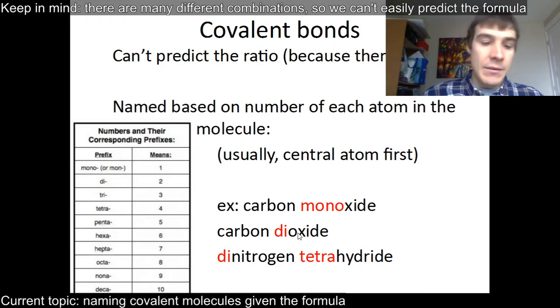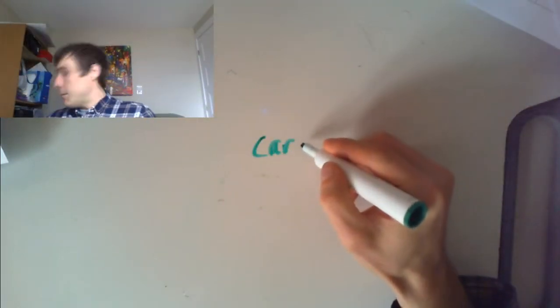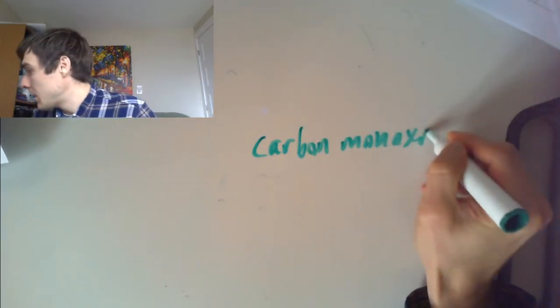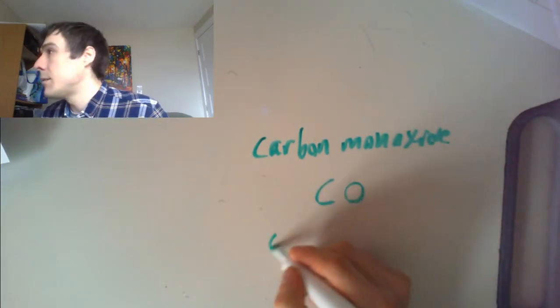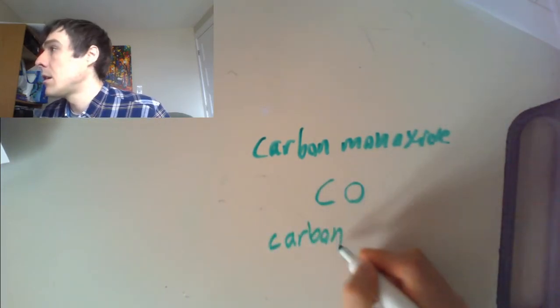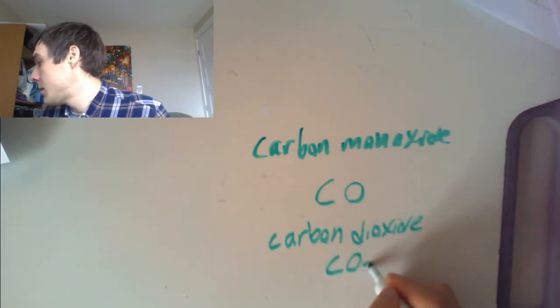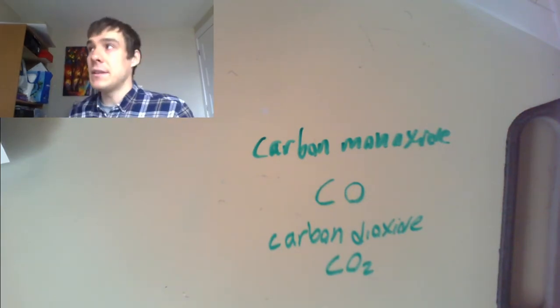You probably know that carbon monoxide is CO, and carbon dioxide is CO2. That's just one example of 2 different formulas.